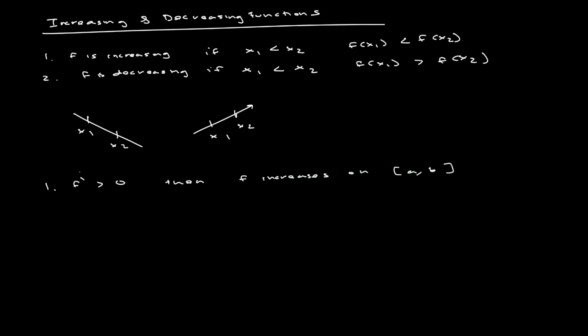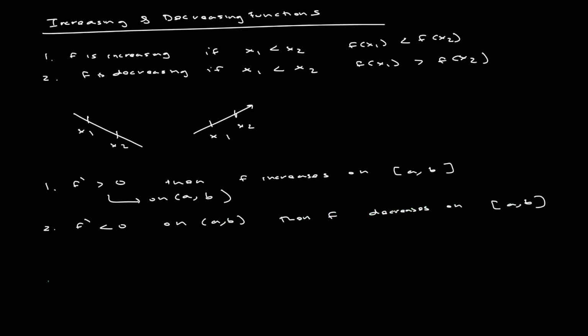And if f prime is less than 0 on a comma b, then f decreases on a to b. And so we're saying that we can use the derivative of the function to find out where a function is increasing or decreasing. If the derivative is greater than 0 at some points, then at that point f is increasing. And similarly, where the derivative is less than 0 on some interval, then it's also decreasing on that interval.